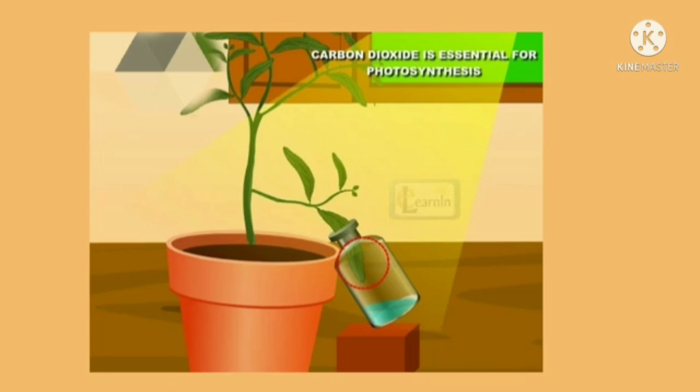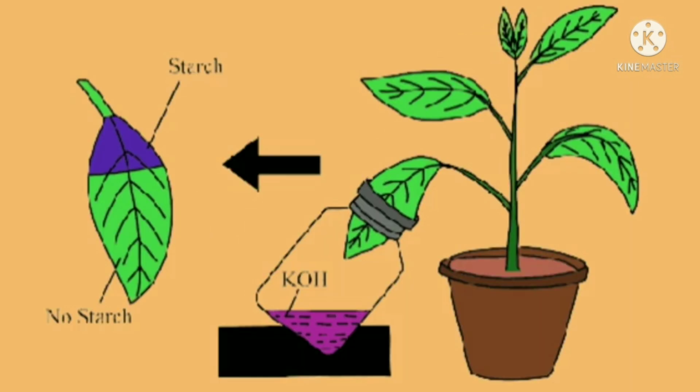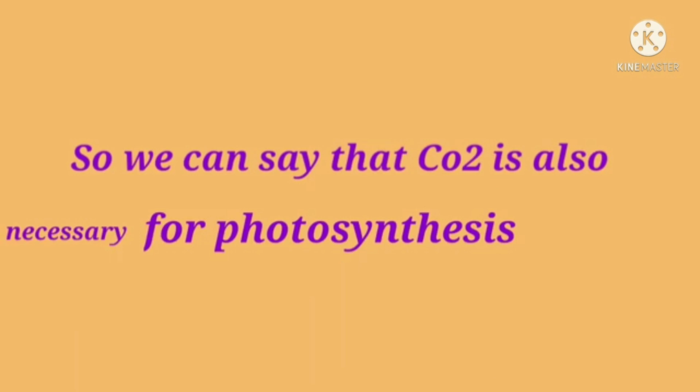Now keep this arrangement in the sunlight for some time and then take off the leaf from the bottle to conduct starch test. The leaf part which is outside the bottle turns blue-black in color but not the inside part of the leaf.